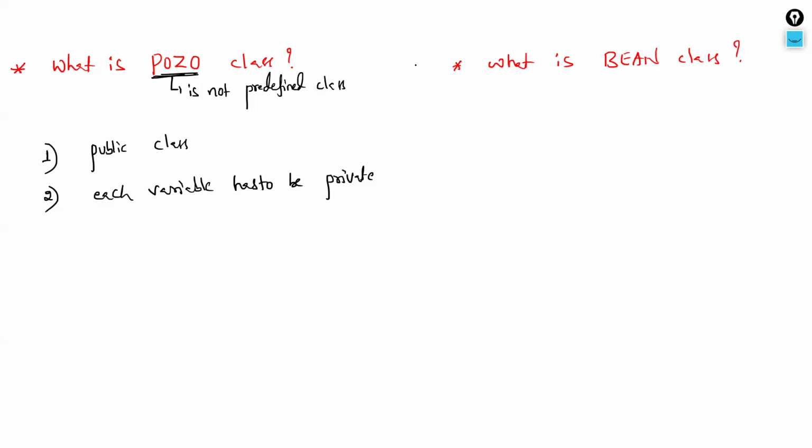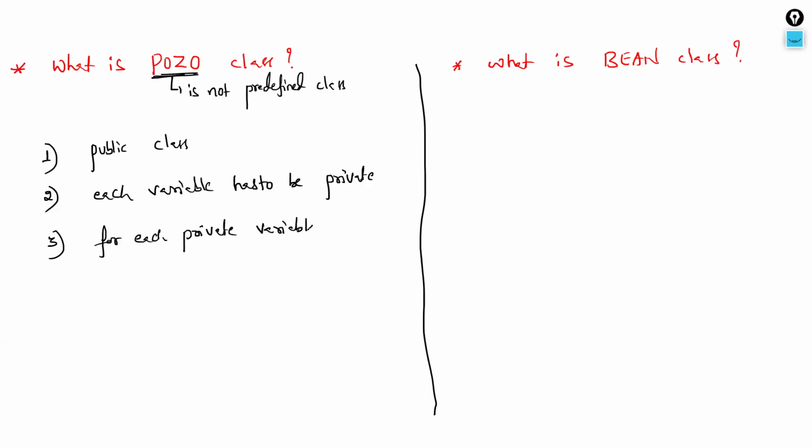Then for each private variable, there should be one public getter, which we know, and a public setter also.